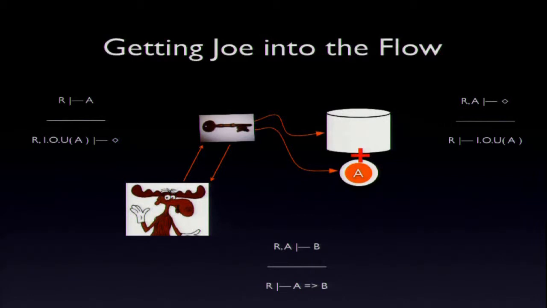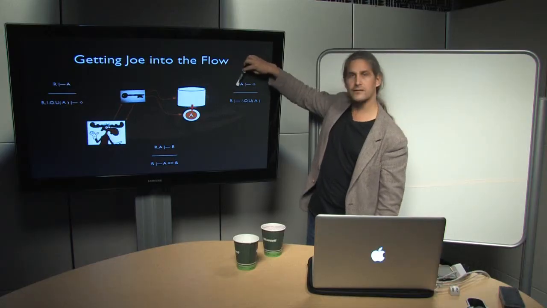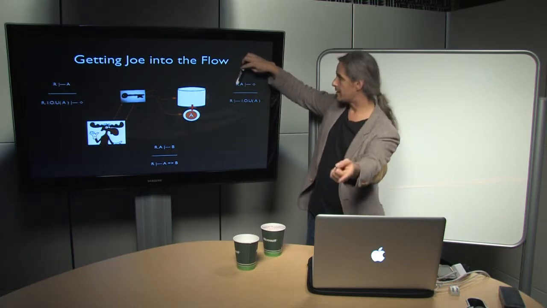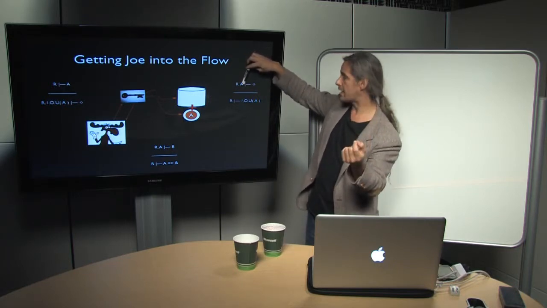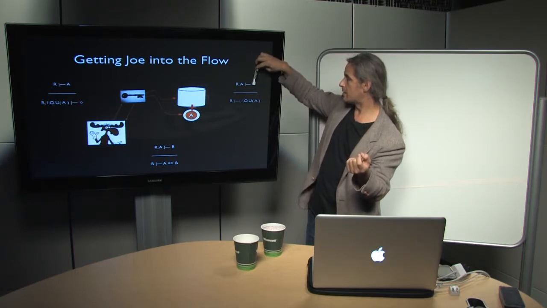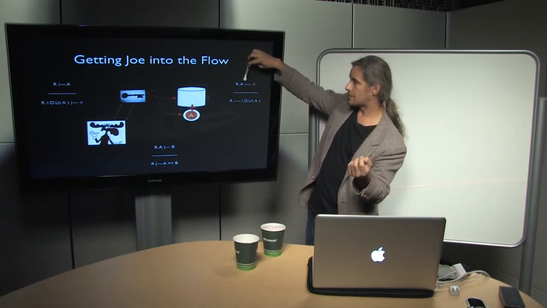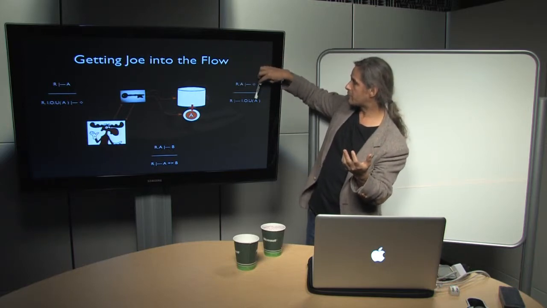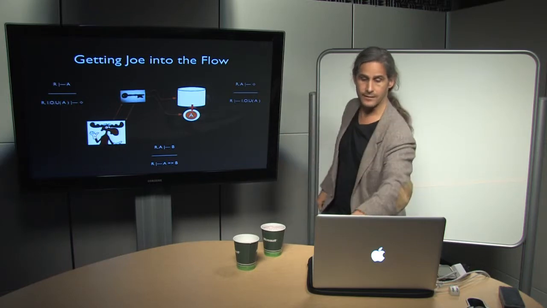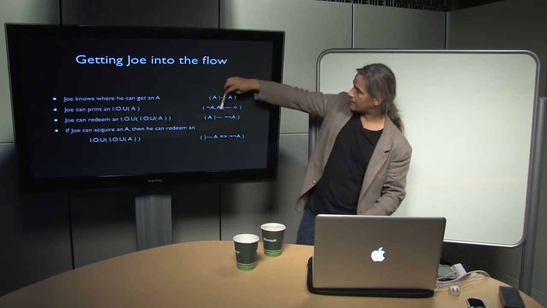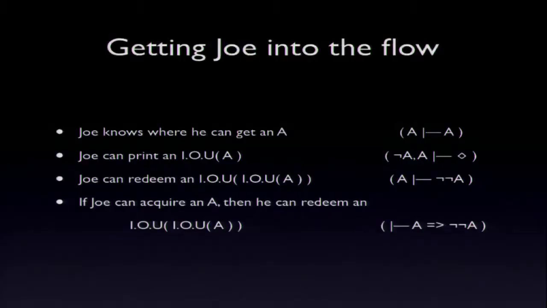In this case, we have some ambient set of resources, which is the A, and then we have an IOU for the A standing in this place. We move the A over, which in our instance is an IOU for an A, and we get an IOU for an IOU for an A. So that's what we did.